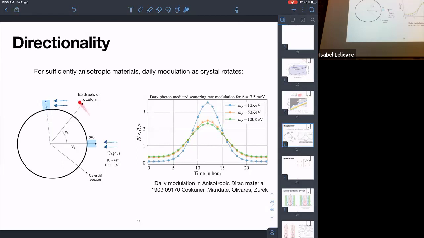And then half a day later, the perpendicular axis of the crystal is aligned with the dark matter wind. So what you'll see is the scattering rate as a function of the time of the day, of the sidereal day actually, modulates, usually with larger effects as you go to lower mass dark matter. So this directional detection stuff is mainly for sub-MeV dark matter. So far, in any studies of MeV to GeV, the effects are not quite as large.